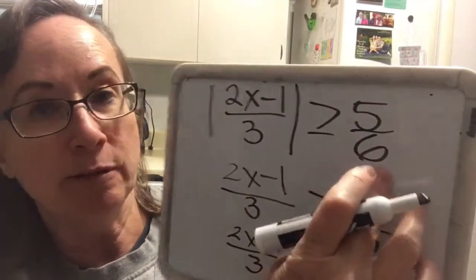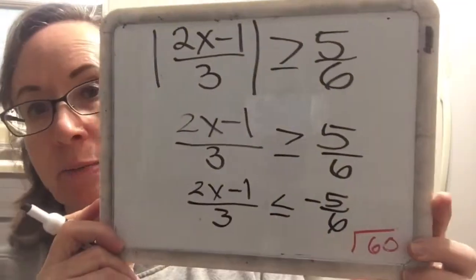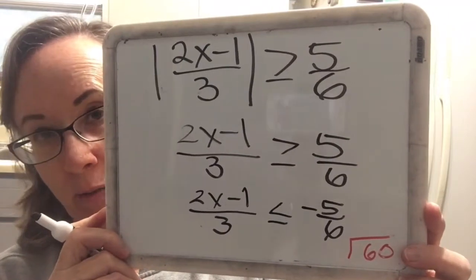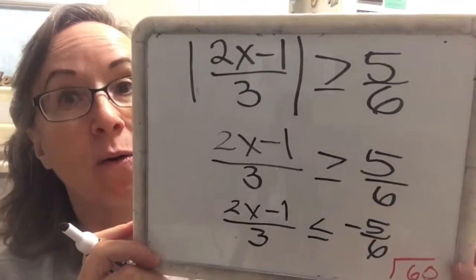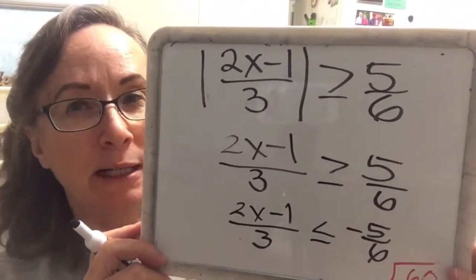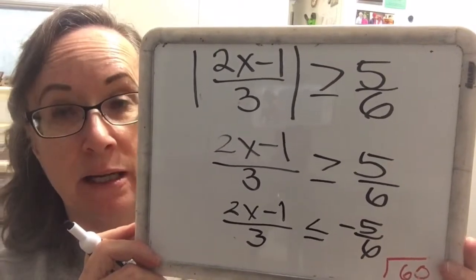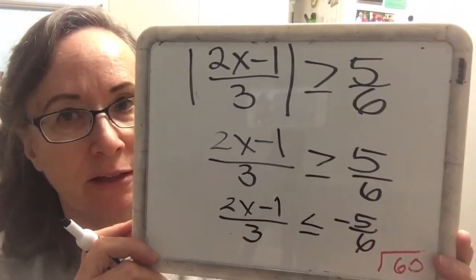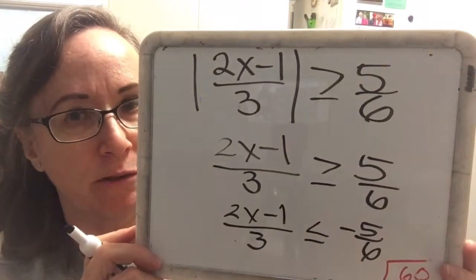So again, I'm using just the positive and negative of those numbers and writing my two inequalities. Since this is an or situation, I'm going to wind up with two different graphs on the same line, going off in two different directions.